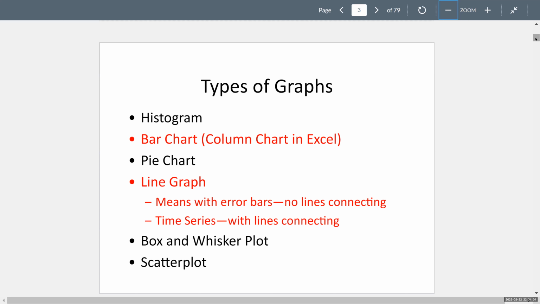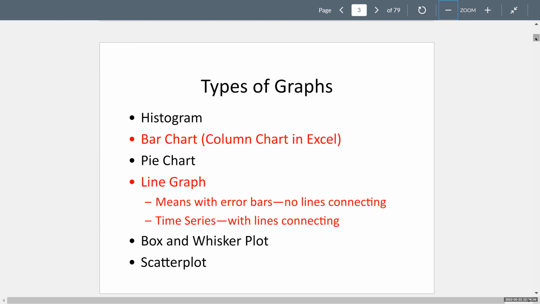Whereas if we're just putting a mean on a graph and saying, oh, well, of this kind of thing, my average was this, and this other mean I took over here was this average, we aren't going to connect those together with a line, and I'll show you what that means in a little while. For these line graphs, we're going to have on our y-axis some kind of quantitative variable, something we measured numerically. Now that thing, we might start out by making a histogram of it, and then we might also put it onto a line graph to compare two different groups or types of individuals.